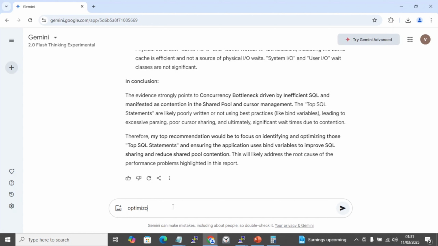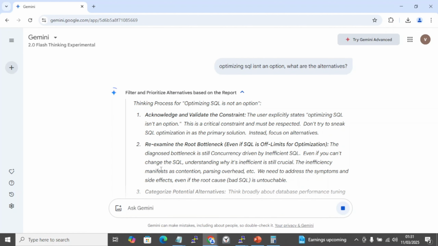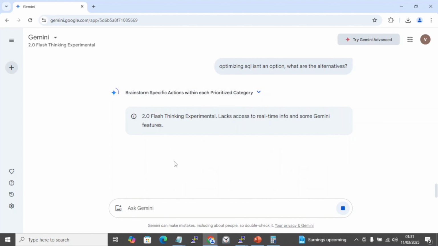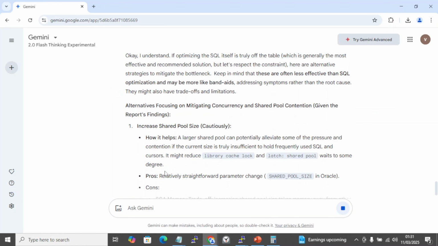Optimizing SQL is not an option. What are the alternatives? I talk about this also in my blog. Let's see what it can say. This is purely an experimental step, guys.